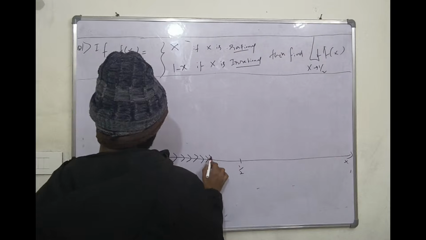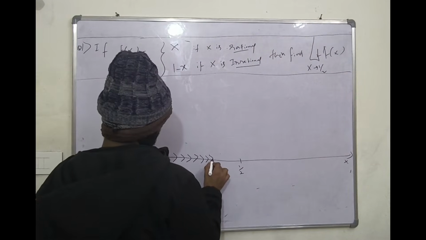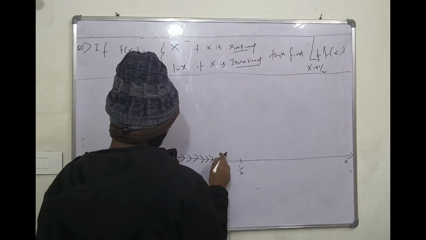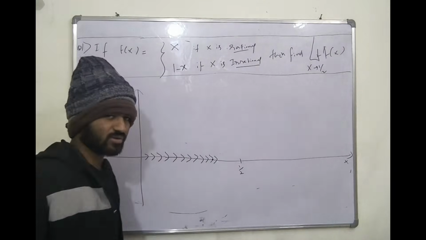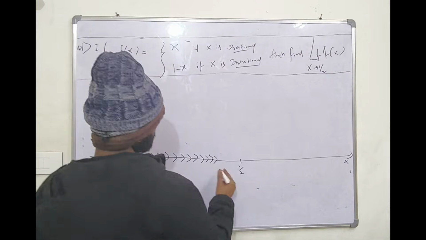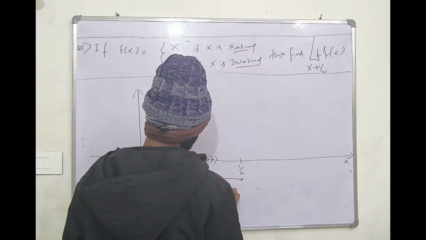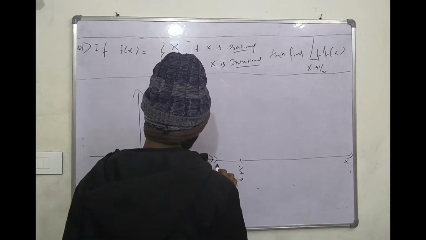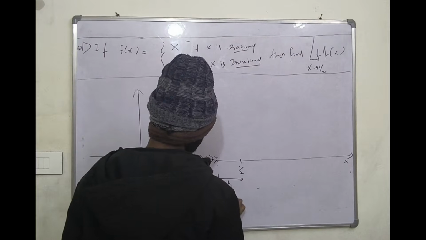I approach till this point and I stop here, I am finding my limit. Let's take an example. This is h1 and this is 1 by 2 minus h1.